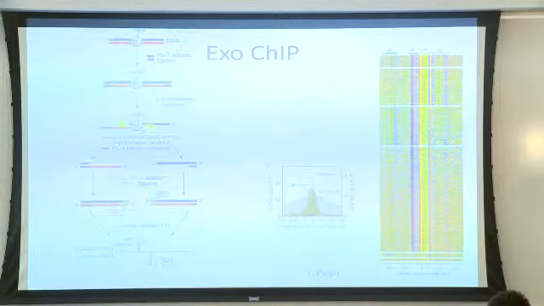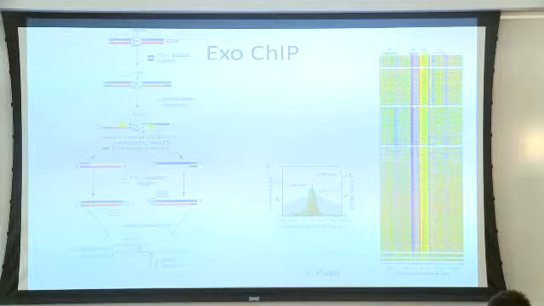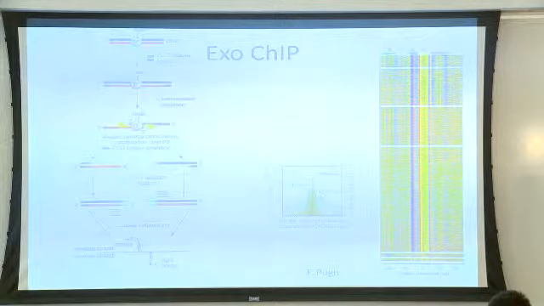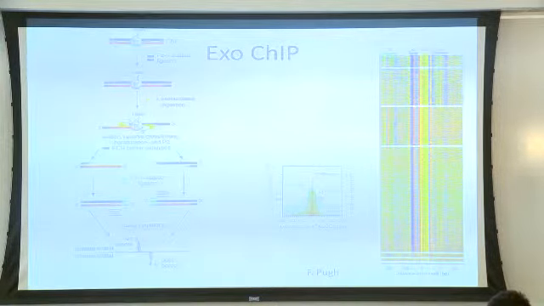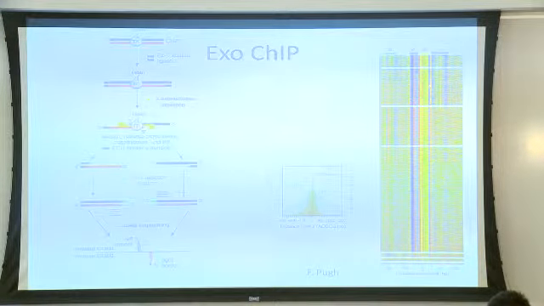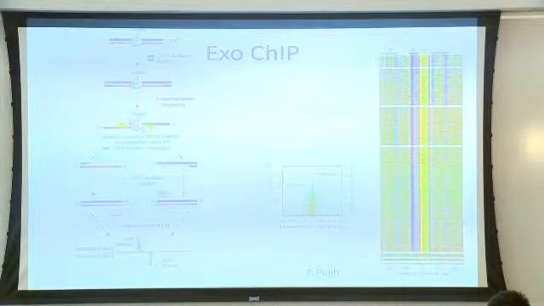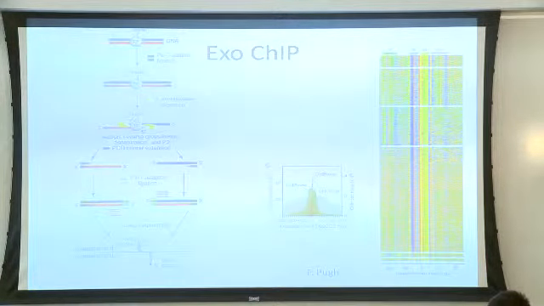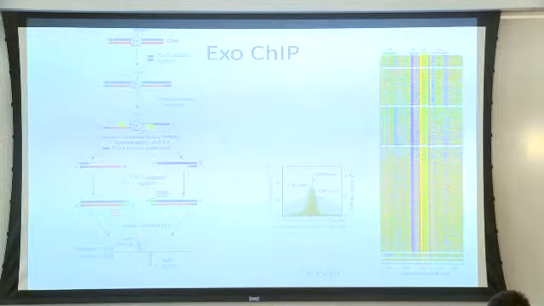So in this method, the ability to essentially map in great detail the point that the digestion ended at, which is the point where the enzyme ran into the factor, leads to these really remarkable high-resolution patterns of the discovery of the in vivo motifs that a transcription factor is bound to.